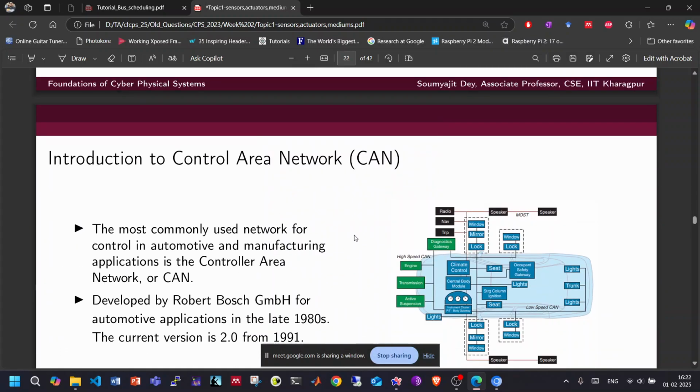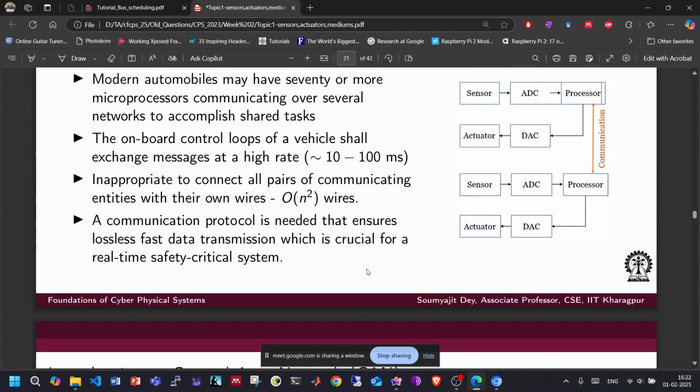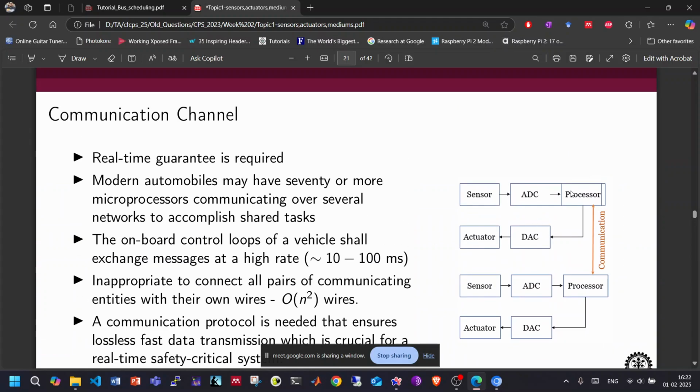Since we are talking about automotives, we take the example of CAN, control area network. As I was saying, from sensor to processor, there is a communication medium needed. From processor to actuator, again another communication medium is needed, because the actuator has to be in the vicinity of the plant, but the processor might not be, because it might not be safe for the processor to be near the plant, since there can be some accident and the processor may get damaged.